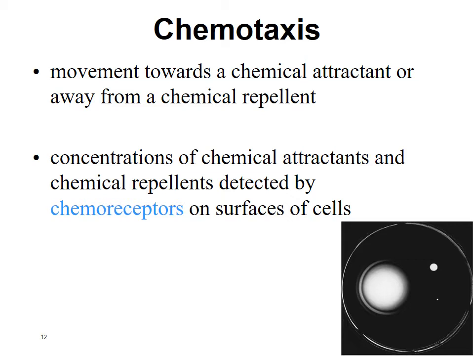In this image here, bottom right of screen, we can see an example of positive chemotaxis on the left, and this is exhibited by E. coli consuming the amino acid serine. To the upper right of that dish, a smaller white spot.